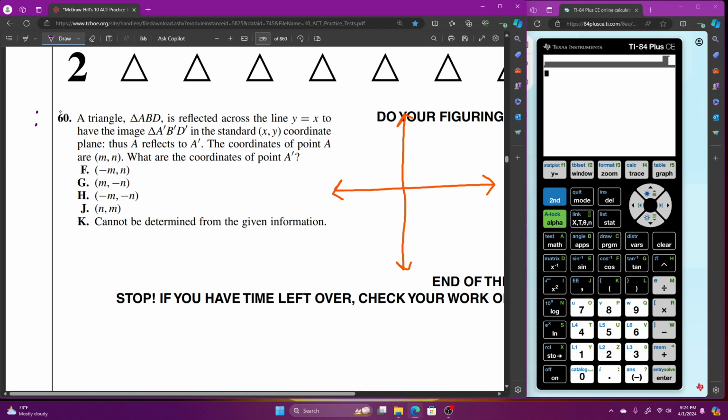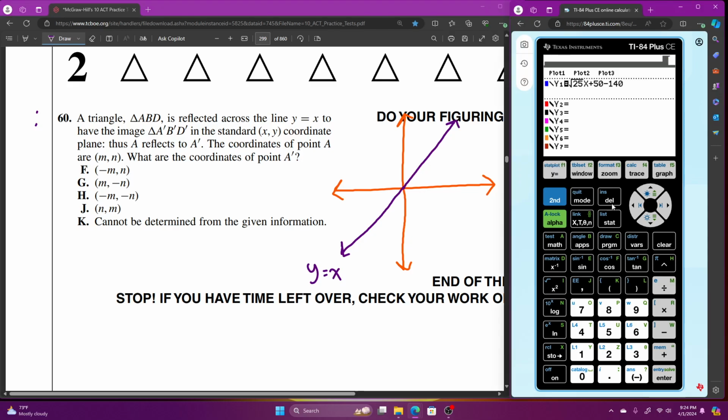So I'm going to draw the line y equals x, so that goes through the origin, and it's always up 1 over 1, up 1 over 1, up 1 over 1. So we're going to make a 45-degree angle and a 45-degree angle. I did my best to graph that line y equals x right here. And if you need to check, y equals x, graph it, that's what it looks like.